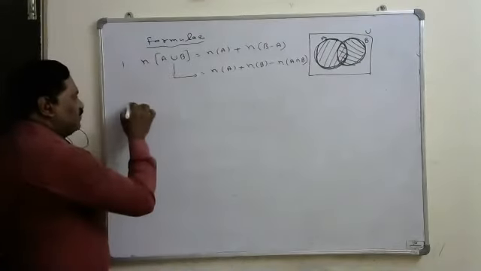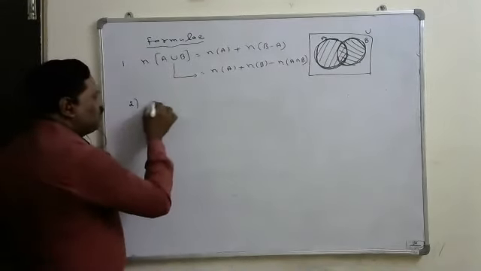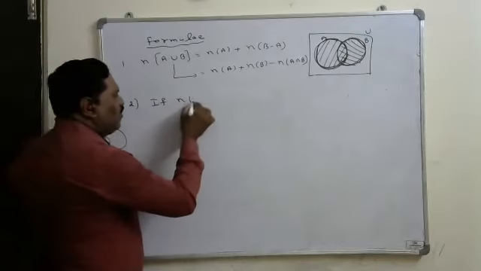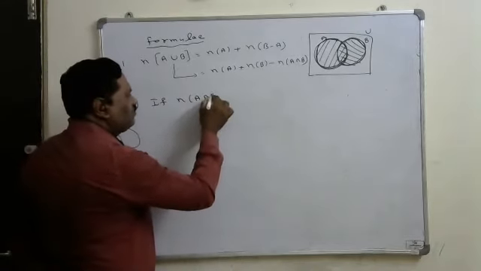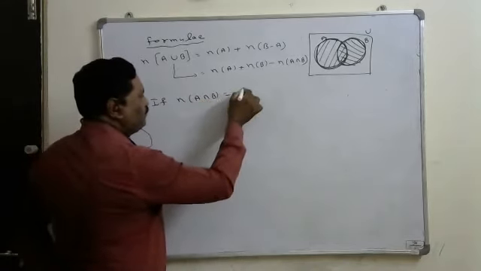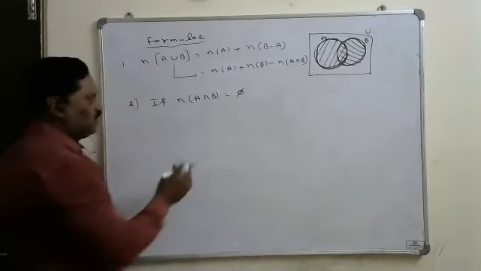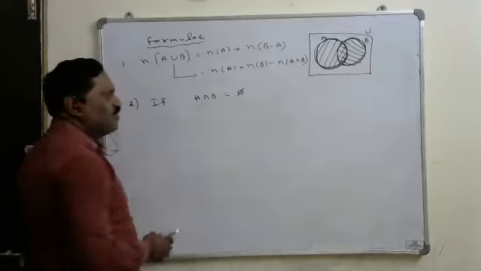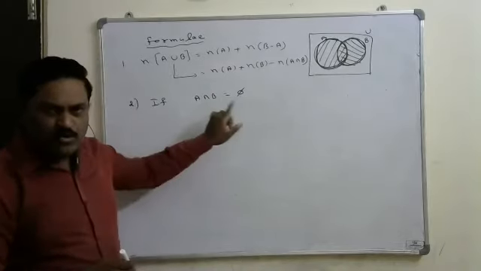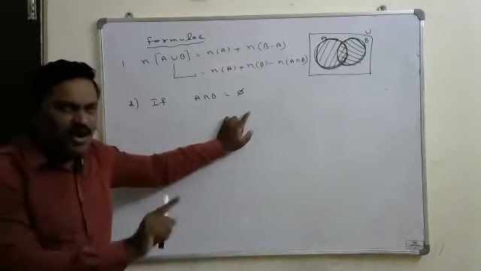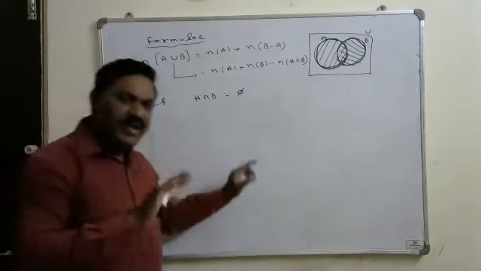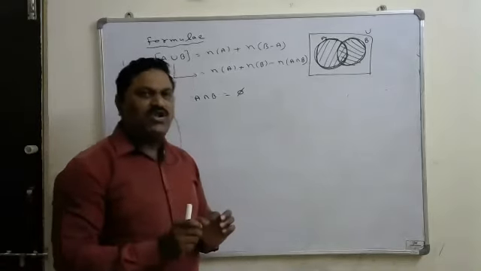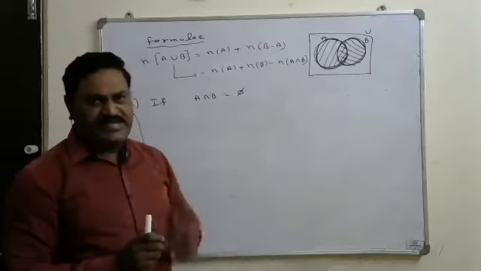Okay. Second, suppose the number of elements in A intersection B is equal to pi. Sorry. If A intersection B is equal to pi, means if there is no common element at all between A and B, such sets are called disjoint sets.